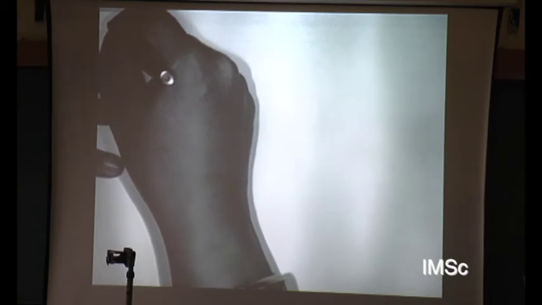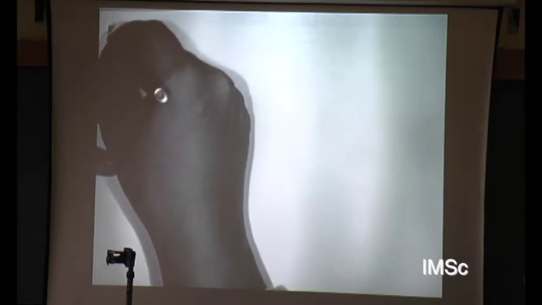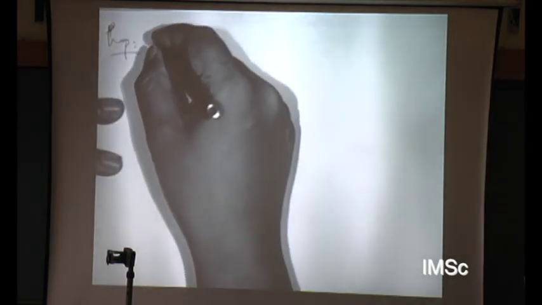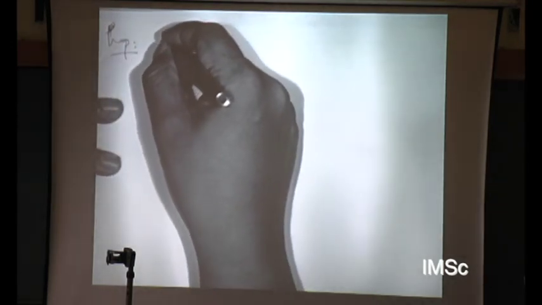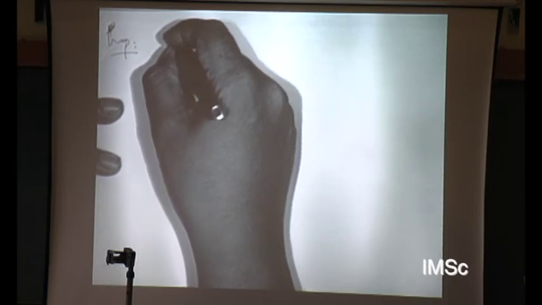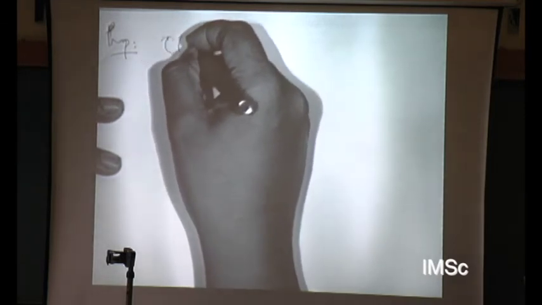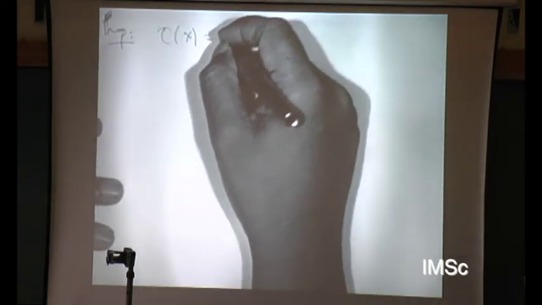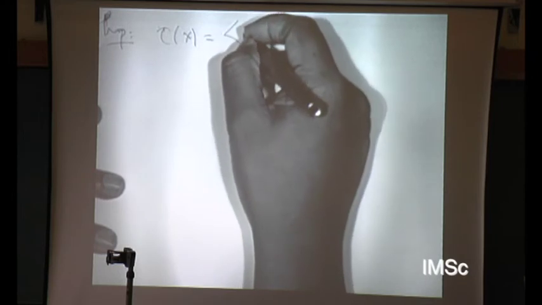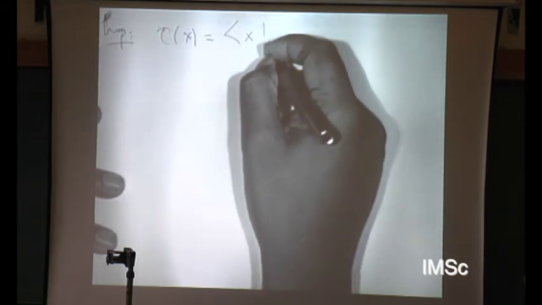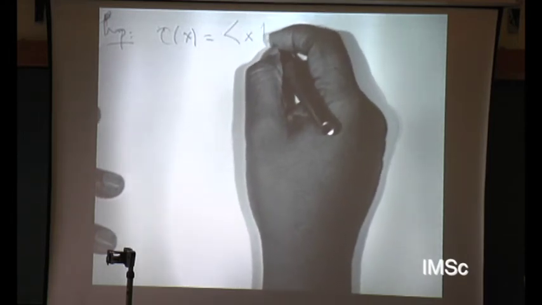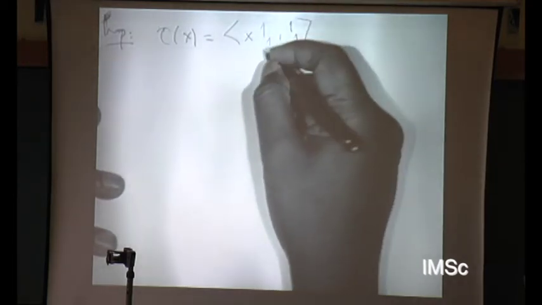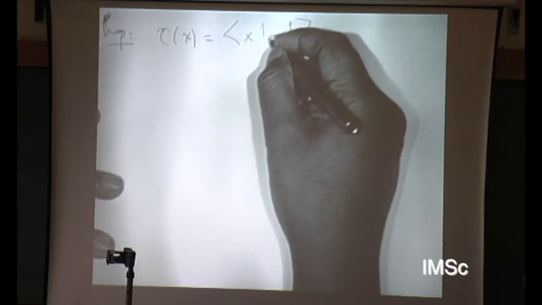Proposition: define a function tau of x equal to x 1 sub 1, 1 sub 1. This one is the identity of the group, maybe you want to call it e.